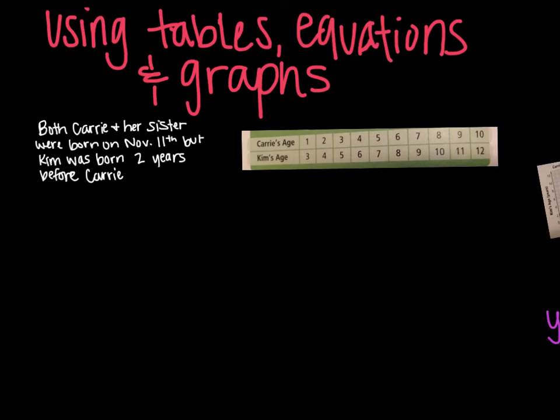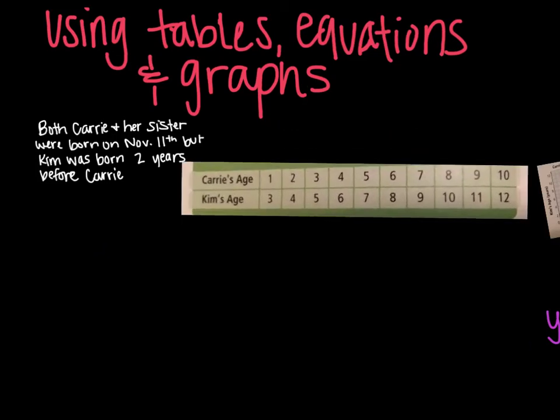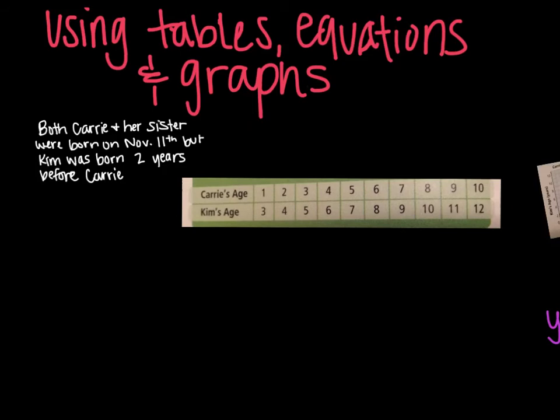We can take that information and write an equation. If we add 2 each time, we're going to get Kim's age, and so we're adding 2 every single time.